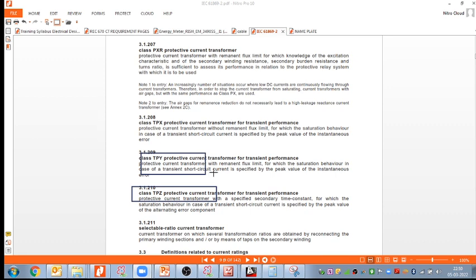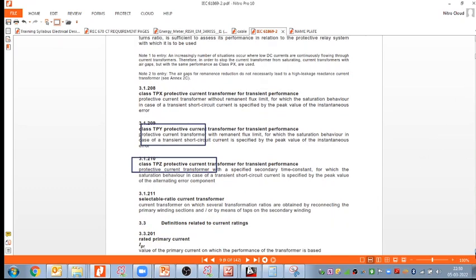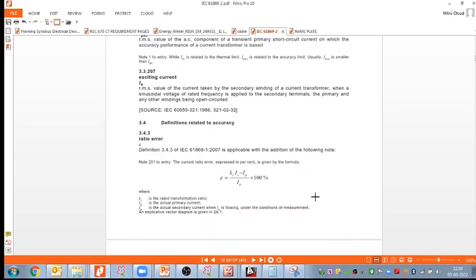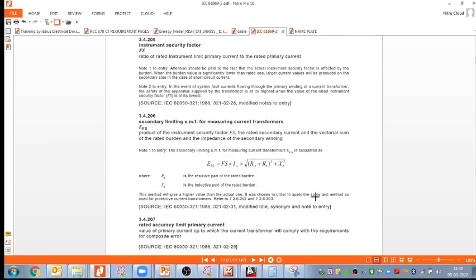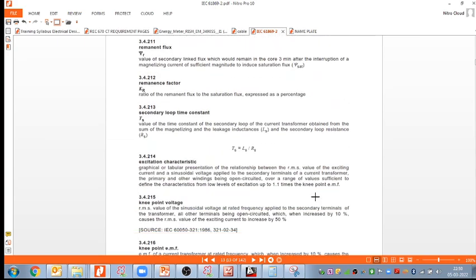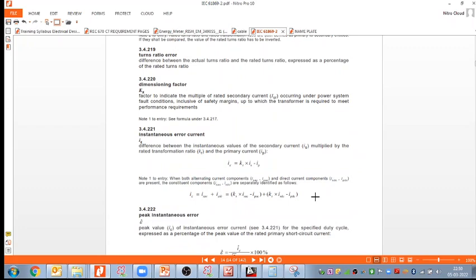Going back again to the 61869, let us try to understand for the P class CT core what protection class is available for the P type of core.